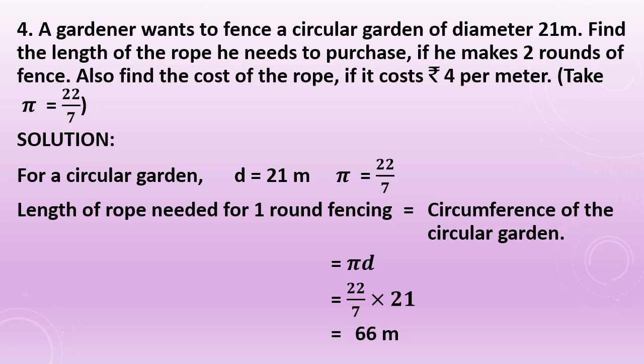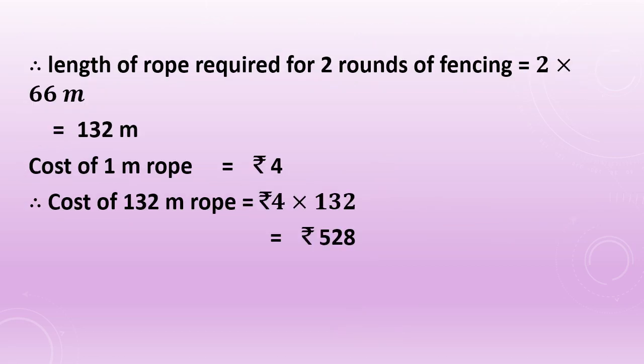We get the numerator as 3 and denominator as 1. So the answer is 22 into 3 equal to 66 meter. Therefore, this is the length of rope required for 1 round of fencing, that is 66 meter.